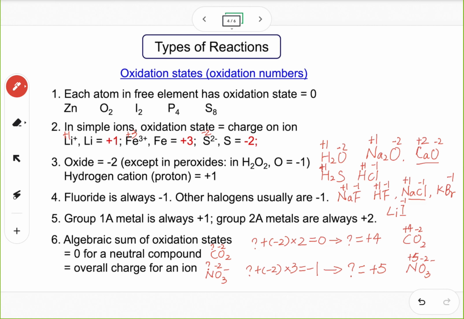These are the general rules that we want to follow. This is part 1 of the oxidation reduction reactions video, and we'll have a second part for this topic.